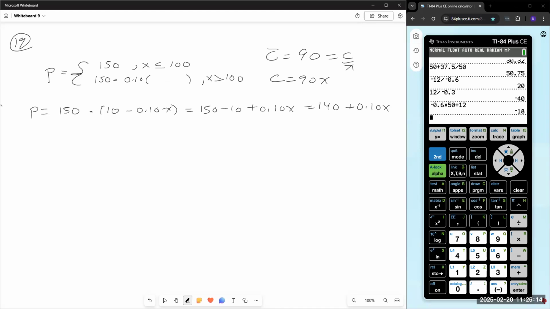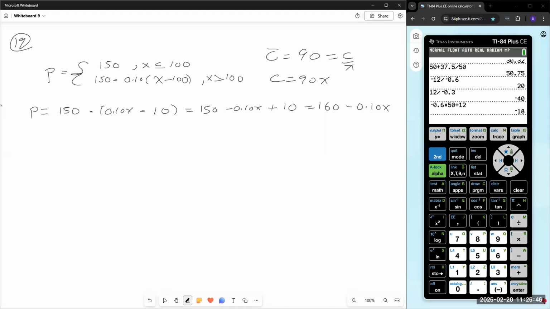I wrote this backwards. This is x minus 100, because we're already getting over 100 and we want to subtract 100 to find the difference there. So that was my fault. This is 0.10x minus 10, which is going to be negative 0.10x plus 10, so 160 minus 0.10x.